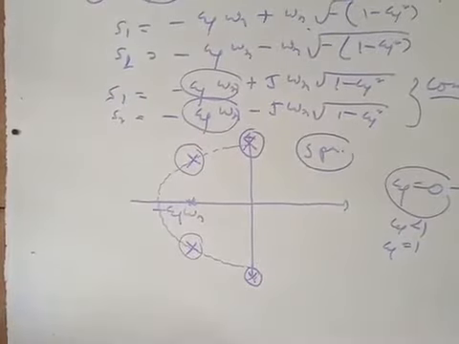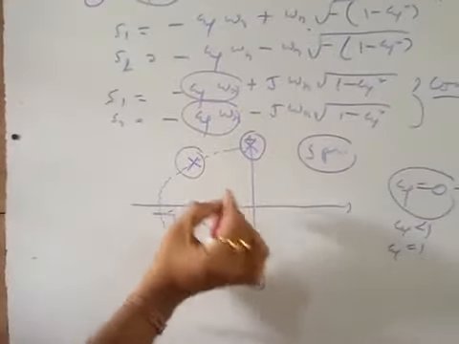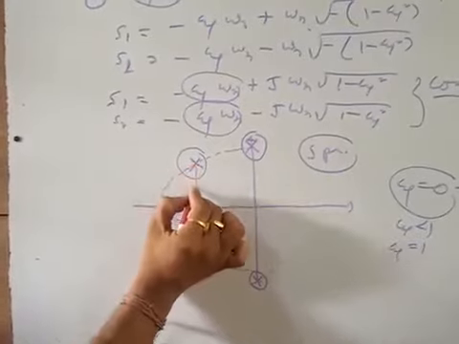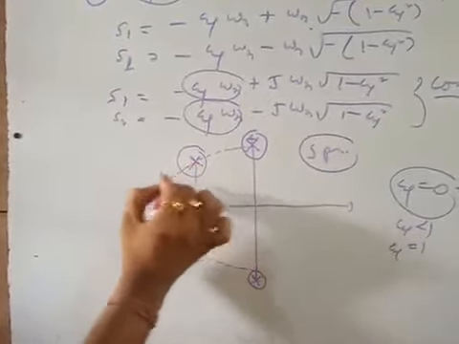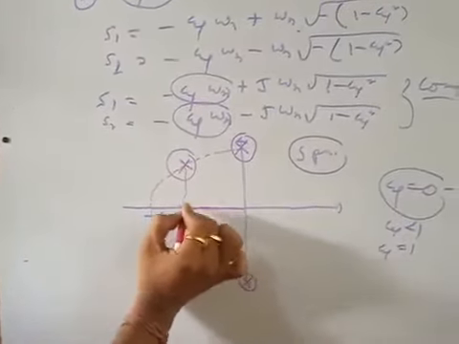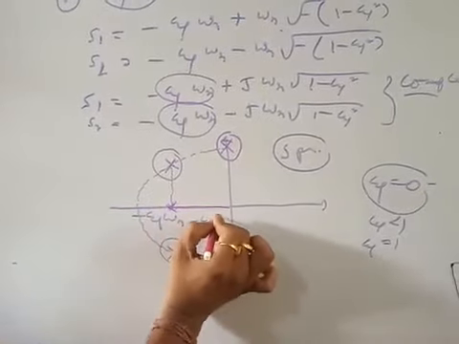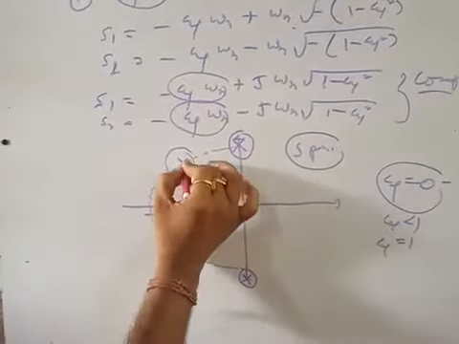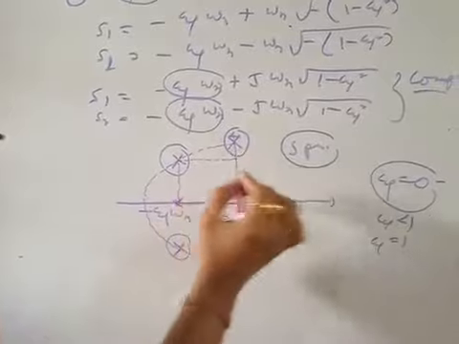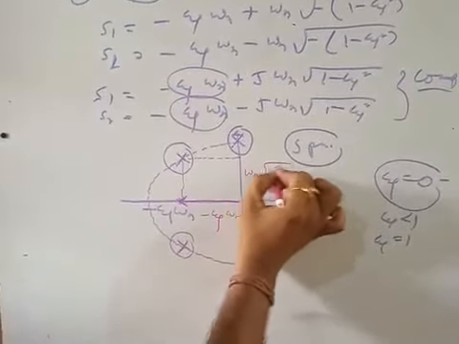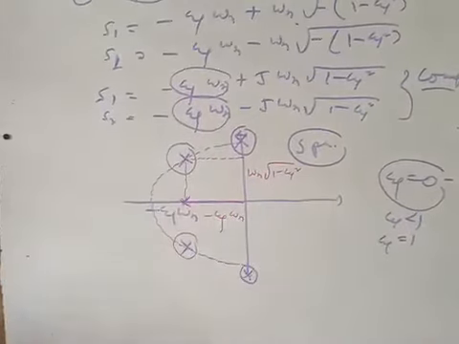So what is the real part of it? The real part is minus xi omega n, and the imaginary part is omega n root over 1 minus xi square, right?